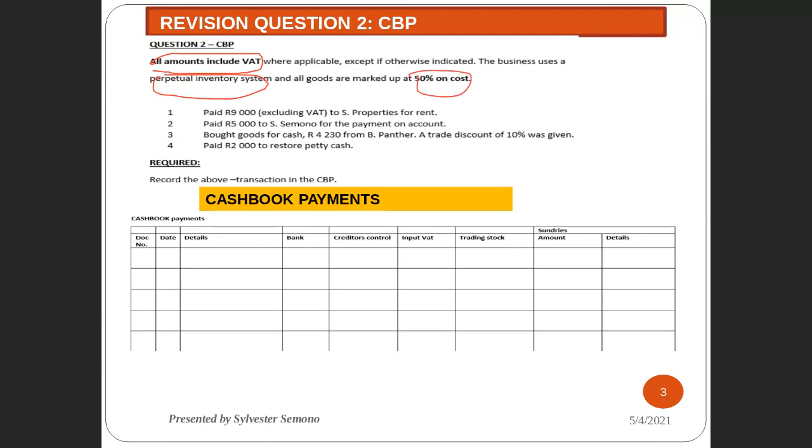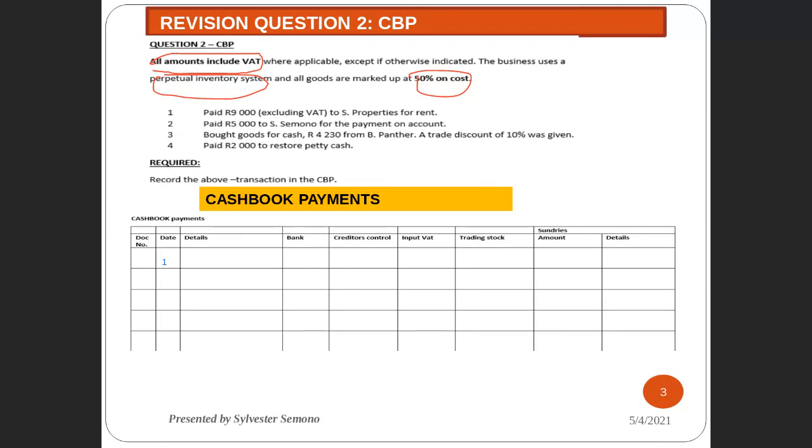What I like about the cash book payments is that we don't have the analysis. If you check on the first, I'm just going to start by recording, guys. If you don't understand, let me know so that I can explain to you. Obviously, I don't have document numbers. If you've got a document number, I will put it under document number. The first one is: we paid 9,000 to S properties.